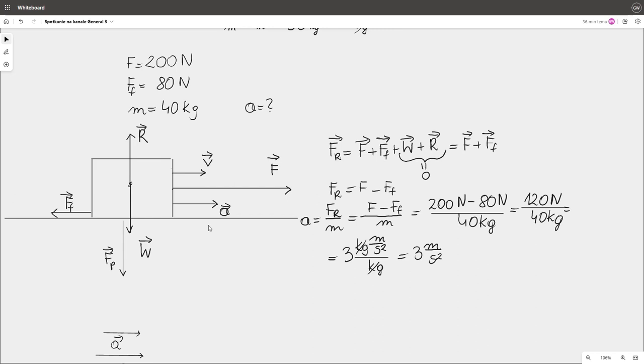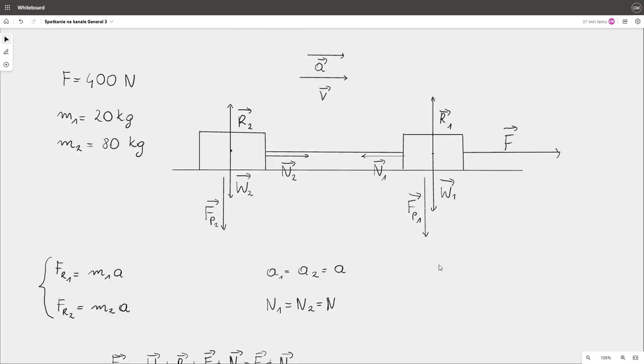In horizontal direction, resultant force vector will be sum of external force and friction force, so it will be directed the same as external force, because external force has greater magnitude than friction force. Magnitude of resultant force will be equal to difference of magnitude of external force and friction force. Still, it would be uniformly accelerated rectilinear motion.